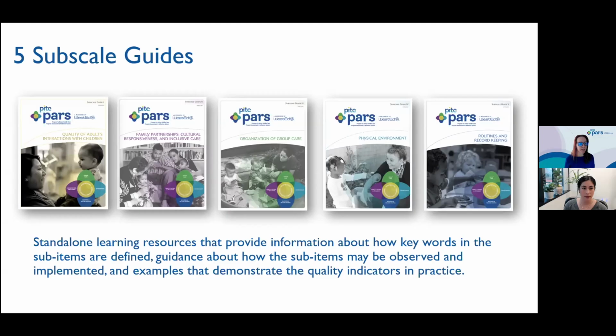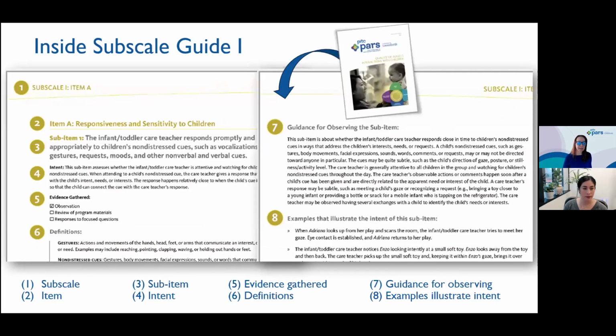So, peeking inside of a subscale guide, and we cut the pages off a little bit, but I'll show you the main content. We had to cut the pages off to make this a little bit larger. So the organization here, 1 through 8: when you're inside a subscale guide, you'll see 2 pages facing each other for the most part that cover one sub-item, and there are 8 components called out.